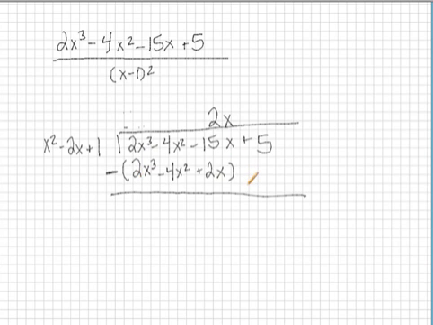Now I'm going to subtract underneath. And I want to make sure that this cancels out right here. So it indeed does cancel out. 2x to the third minus 2x to the third is 0. And then I'm going to want to note my next term. It looks like we have negative 4x squared plus 4x squared. So we're going to have 0x squared.